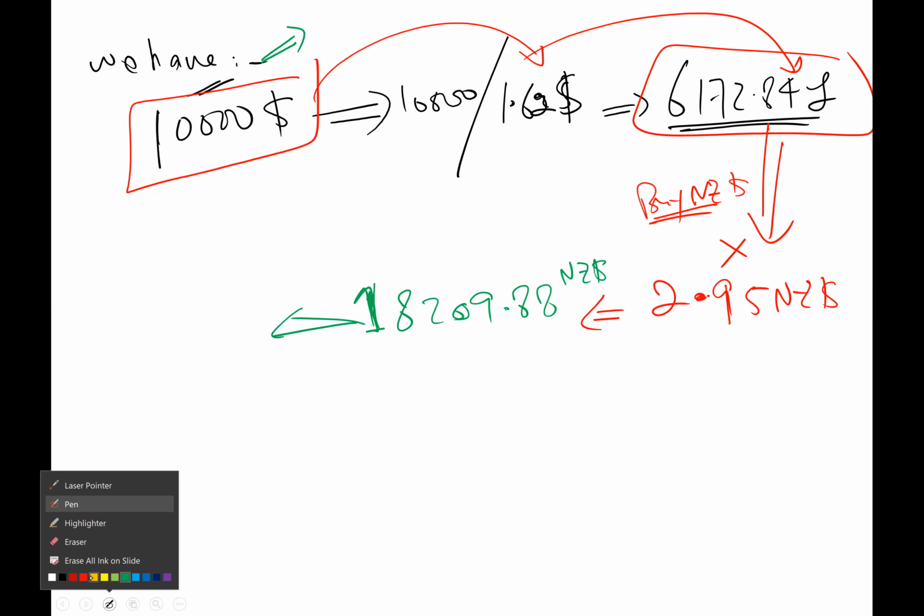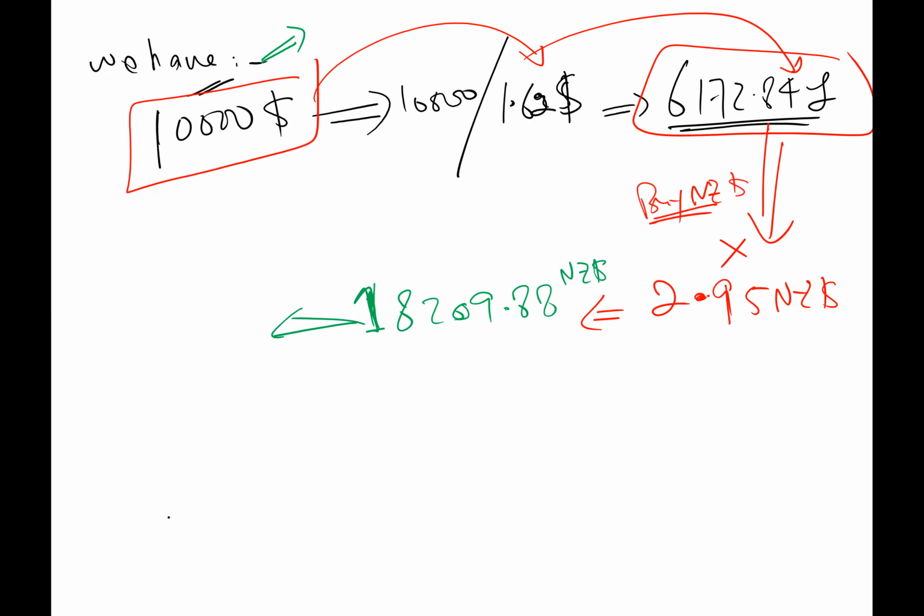Let me change the color here. 0.55 dollar over NZ, right? So all you have to do is multiply it with 0.55. Understand?